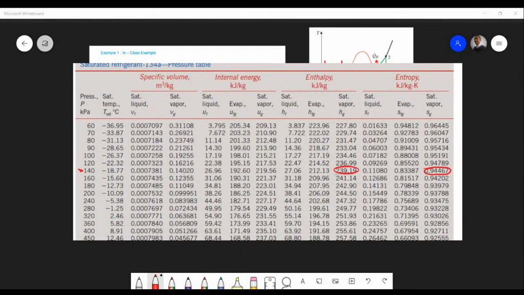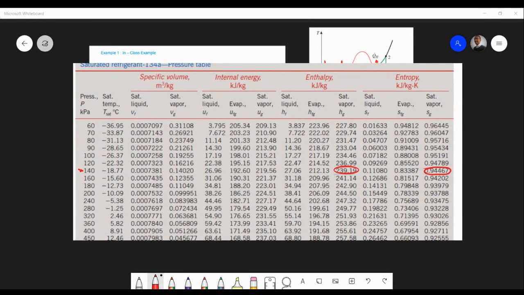Do you guys get that? Very important. Yes, 239. Saturated, not superheated. We're getting there. Saturated tables.